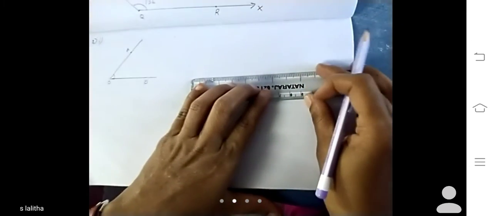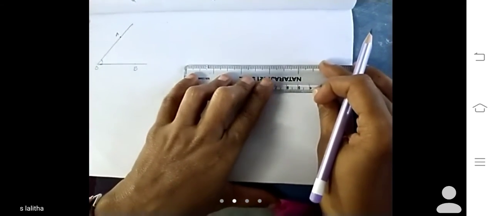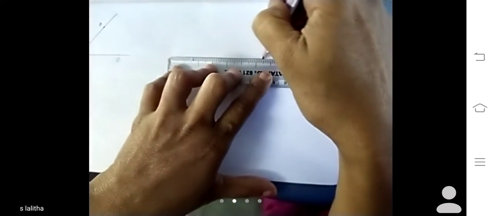Any length you can take. Wait. First you have to draw a line, ray, line or ray, anyone you can take.